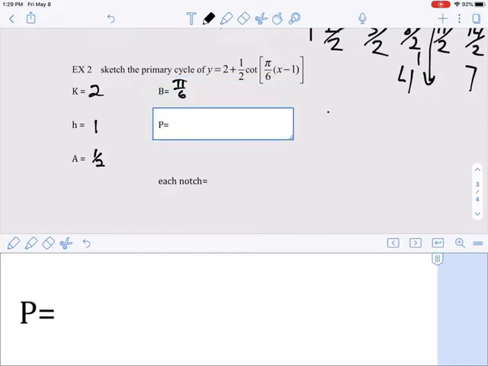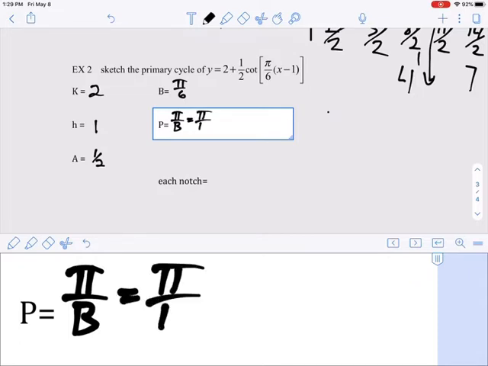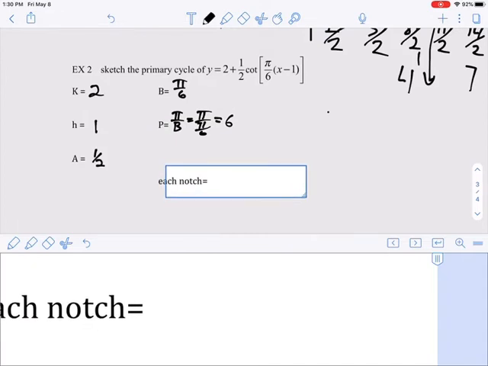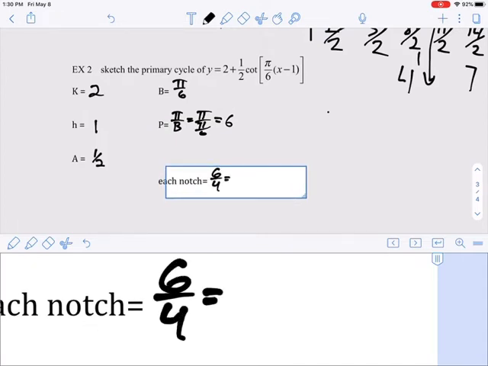The period equals pi over B, so pi over B is our period for tangent or cotangent. That is pi over pi/6, which just equals 6. And then we go down here, and it is the period 6/4, which equals 3/2.